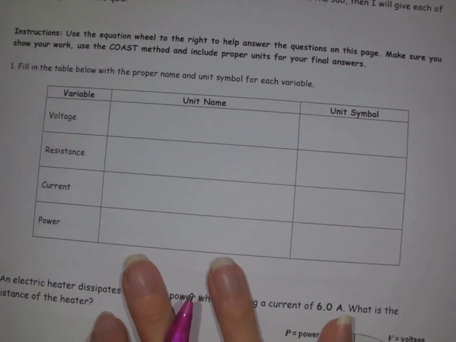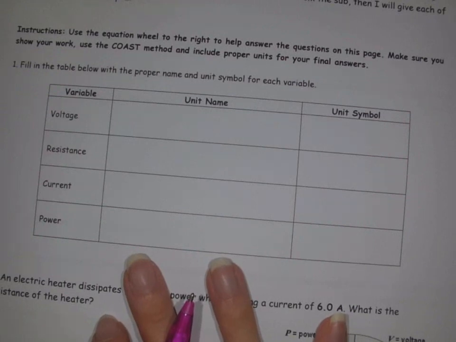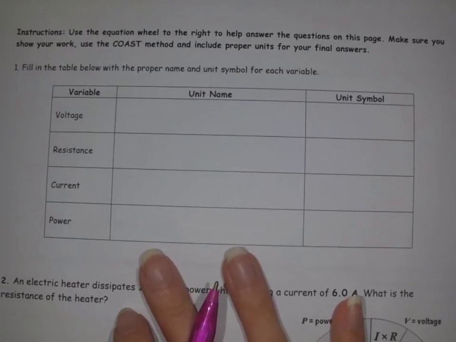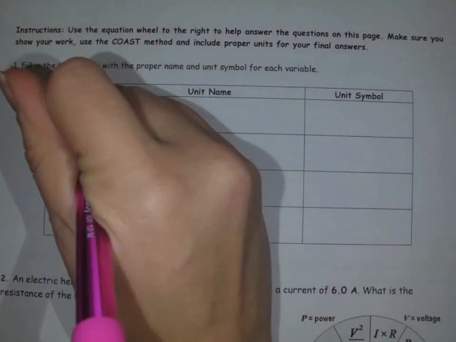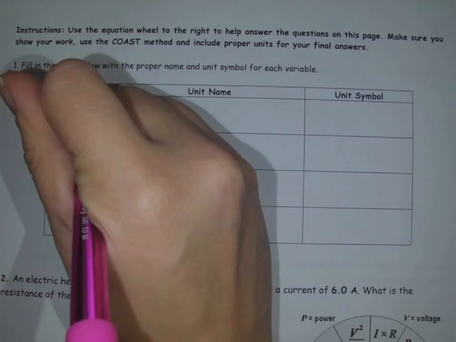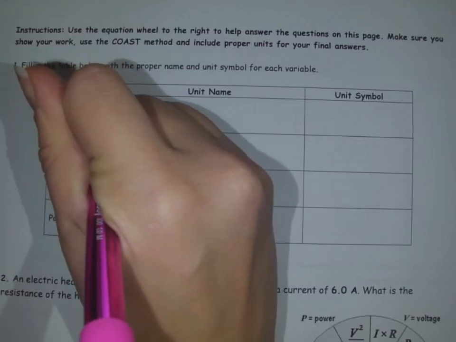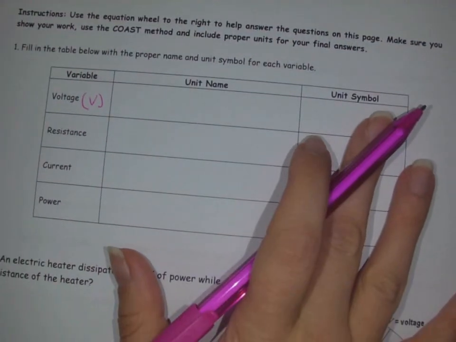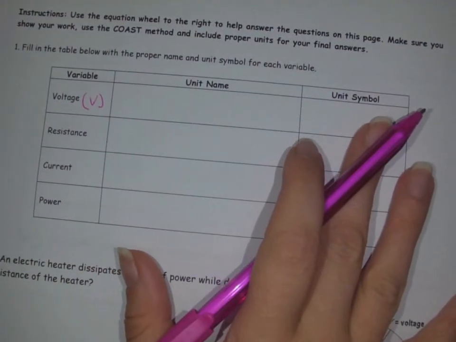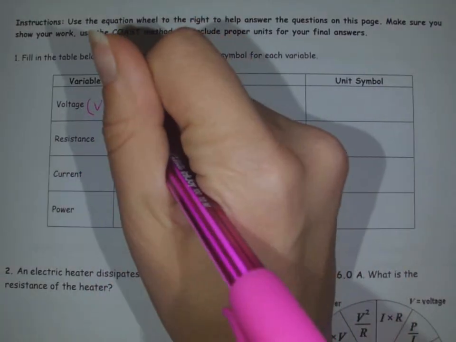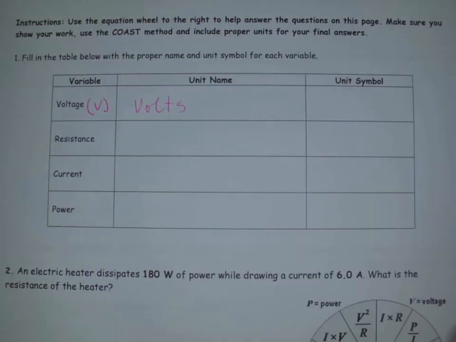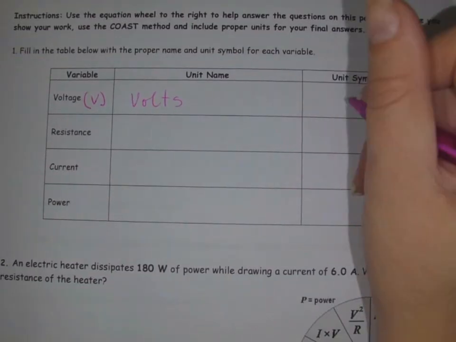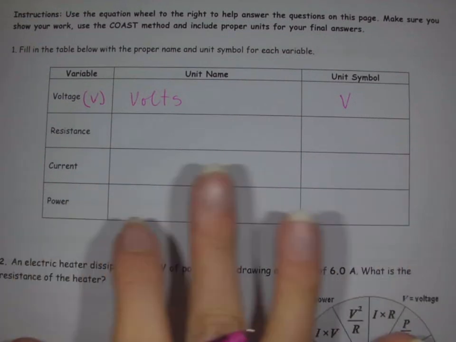We know with this V equals IR and P equals IV that some of those variables made sense. Like we had voltage, and let's put the symbol. The symbol inside of the equation was a V, right? There's our voltage. Now, the unit for voltage was volts. Great. And the symbol was V. This one made sense.